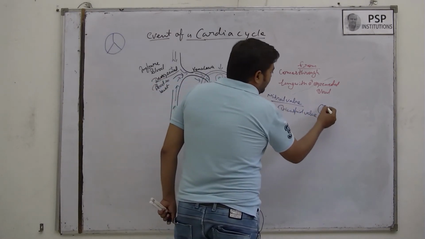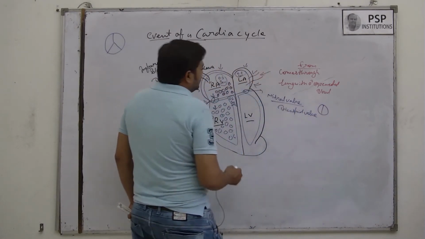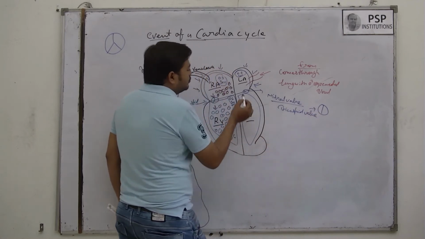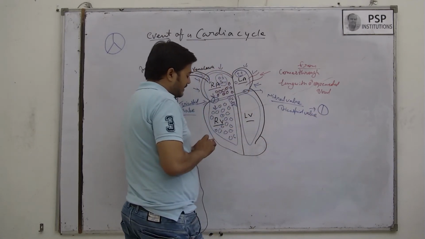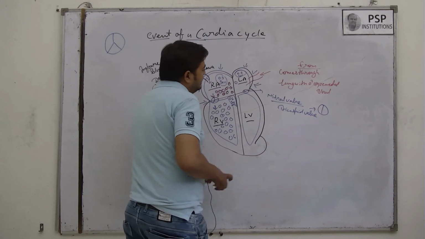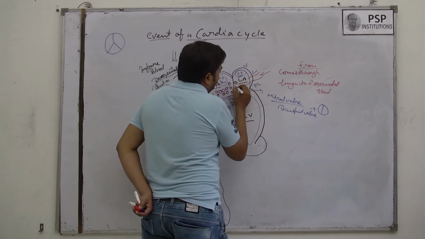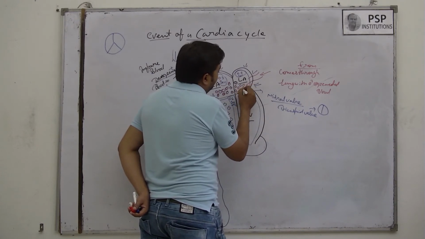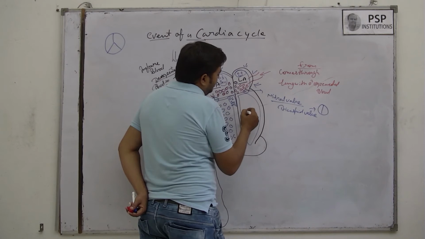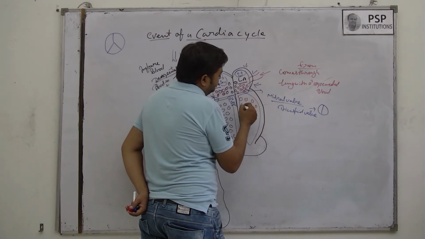Through this valve, that blood is oxygenated blood, that's why I am coloring it red. That blood comes to the left ventricle.